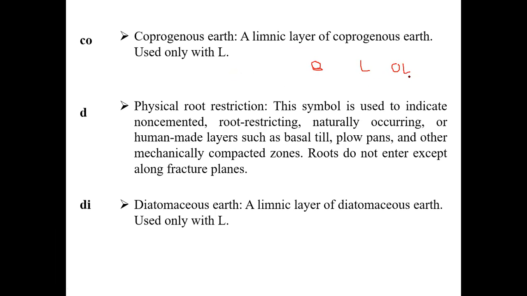What type of limnic material is there? If there is diatomaceous earth, then I put small di. So you should write like this while giving any description of the particular profile. So these are the two master horizons.